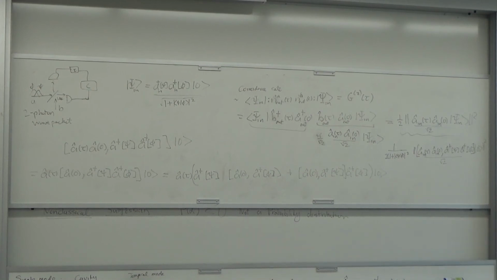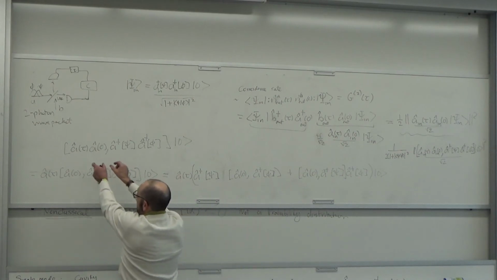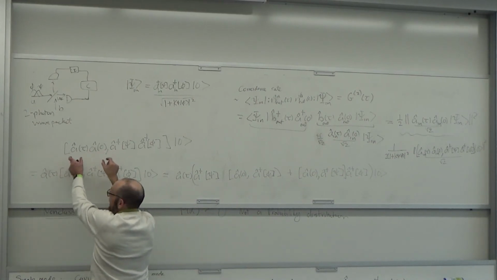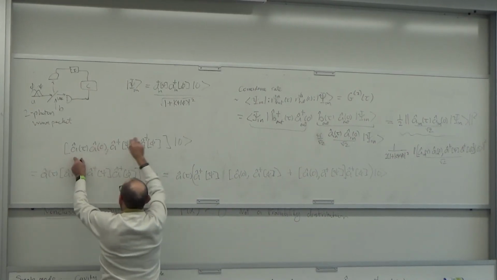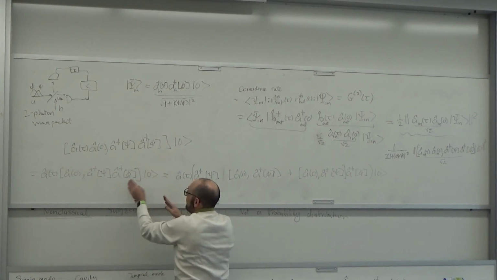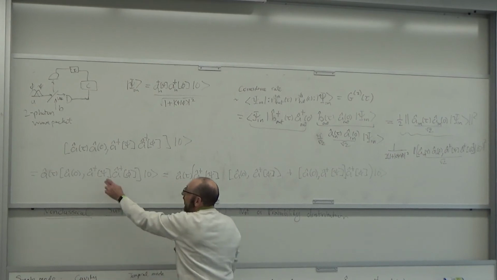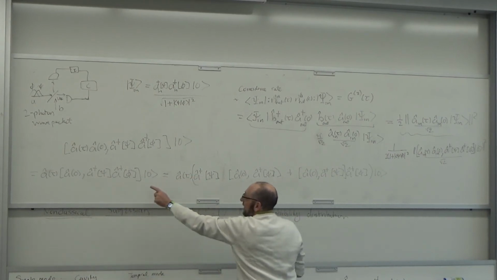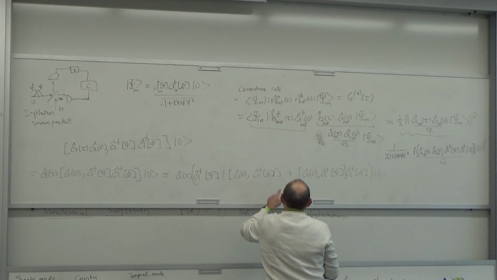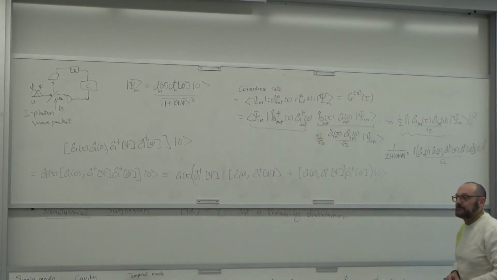Do we agree so far? So what I did is, using the rules of how you move through this, I take this out, commute it, on the other side this annihilates it, so that's one term, right? And now I do this, and I bring this guy out to the left, or the other guy out to the right. Okay?